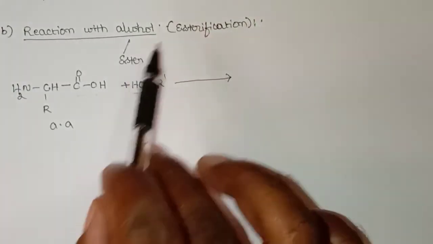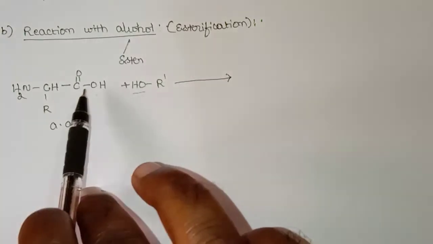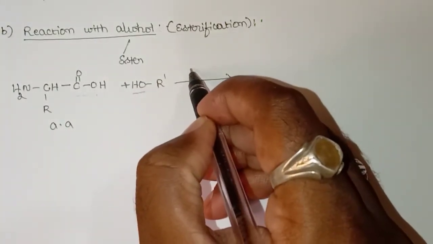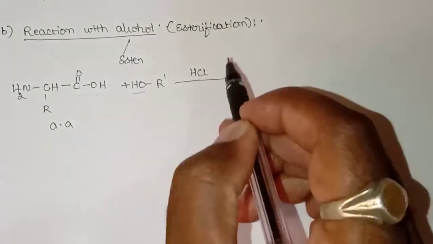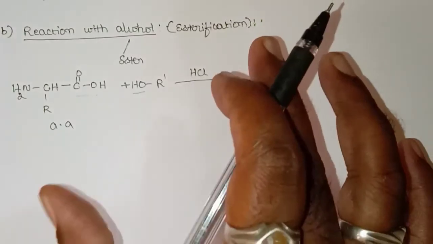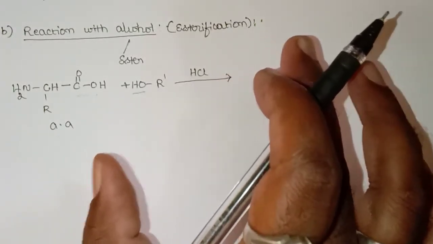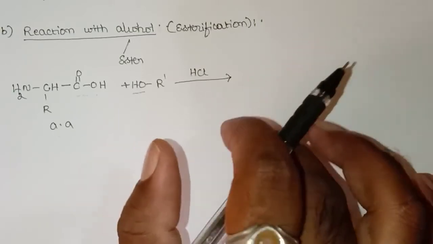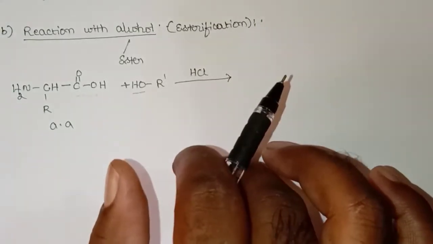And in this case of esterification of an amino acid with alcohol, the catalyst used is hydrochloric acid. Here you may get one more doubt: in general, for an esterification reaction, the acid which is taken regularly is sulfuric acid, but here we are not going with sulfuric acid.